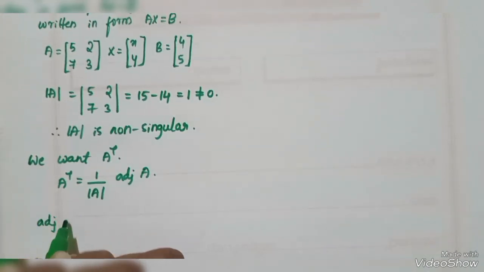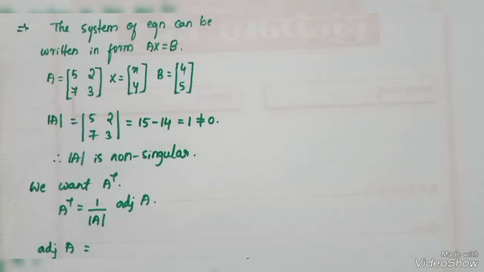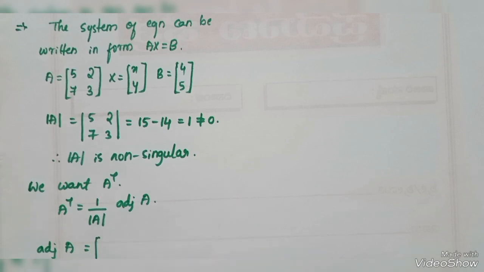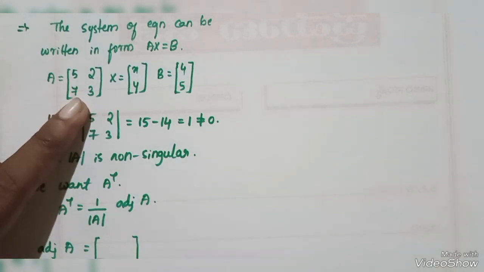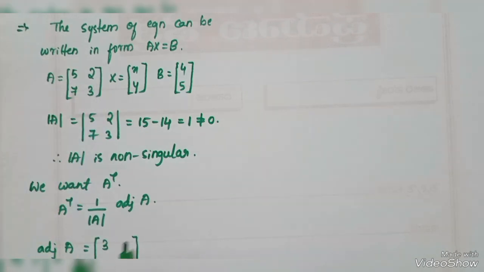Adjoint of A is equal to, here we have a 2 cross 2 matrix. Finding the adjoint of A is done by interchanging the diagonal elements and changing the sign of the non-diagonal elements. Here 5 3, interchange these to 3 5, and multiply the negative sign to the non-diagonal elements, that is -7 and -2.